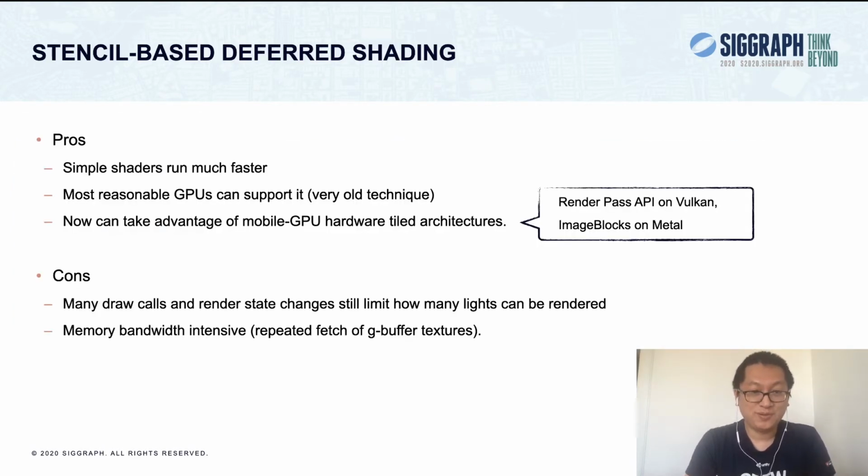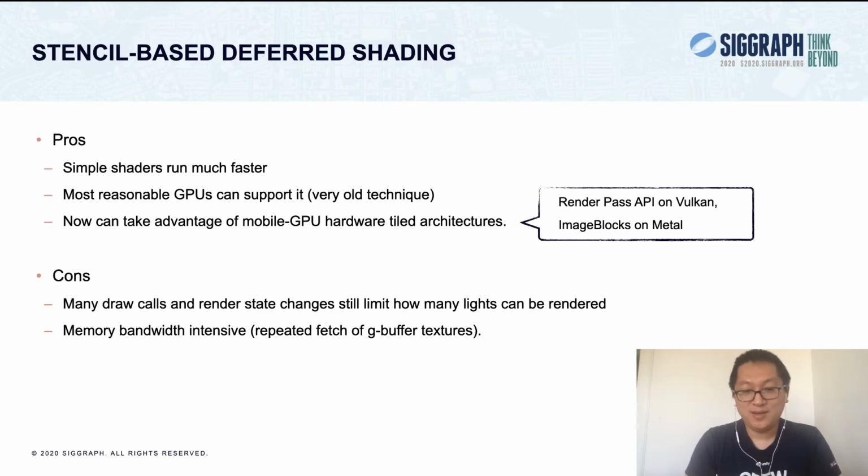So the pros: we have very simple shaders, because you don't need dynamic branching. You only have one light, just shade everything. Most reasonable GPUs will support it, because it's a very old technique.